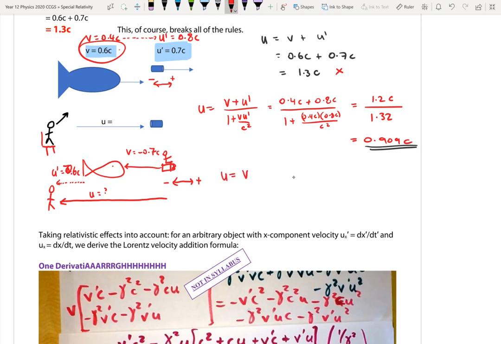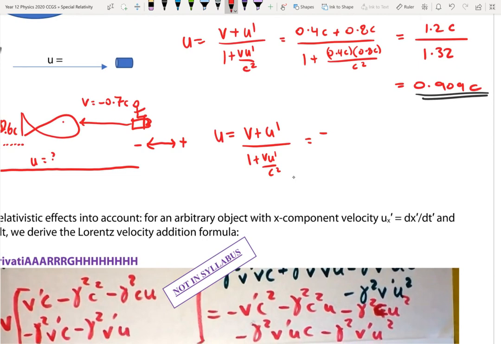u equals v plus u prime over 1 plus v u prime over c squared. Now let's put all the negatives in. Negative 0.7c take 0.6c over 1 plus negative 0.7c times negative 0.6c. Oh, look at that.